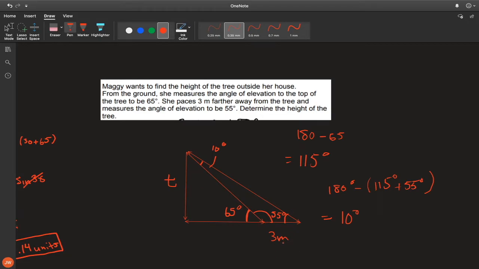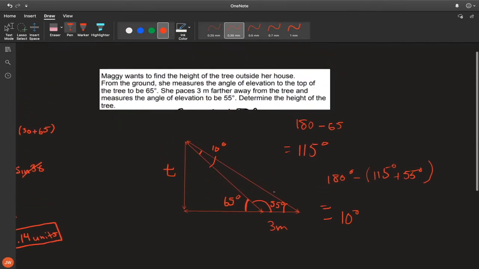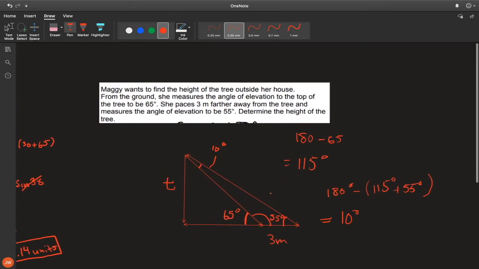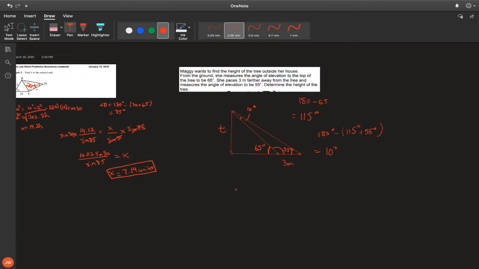We have a side, we have an opposite angle, and we have a side here that we don't know, but we have an opposite angle. So we can use sine law to find this. Alright, so I'm just going to call this x, and we want to find x.